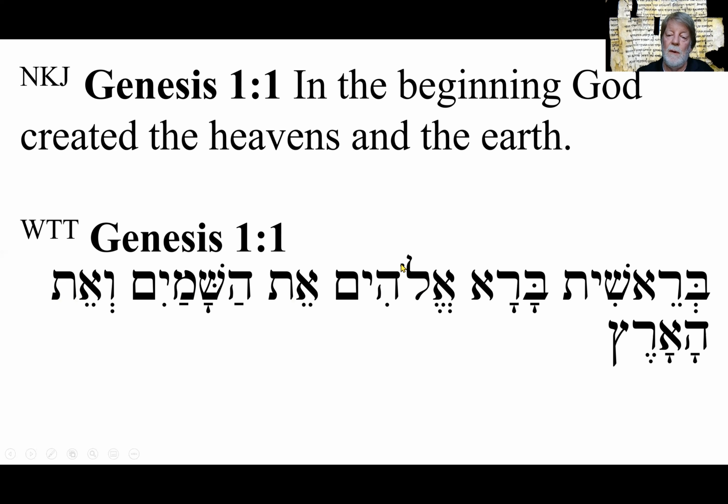Elohim. The next word here is an aleph and a tav with a tsere underneath the aleph. Remember, the aleph isn't pronounced, just the vowel underneath it.